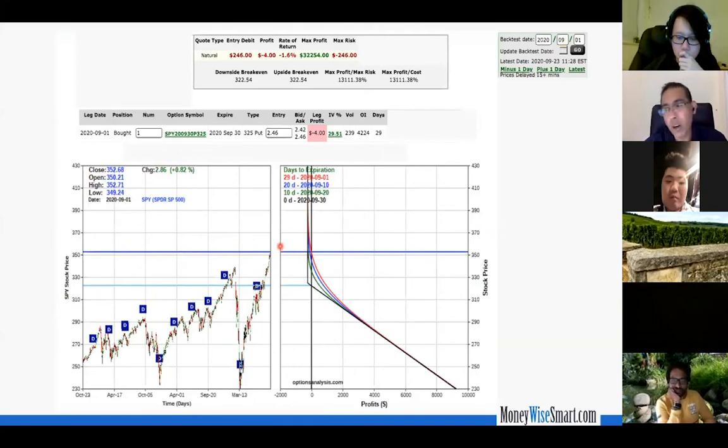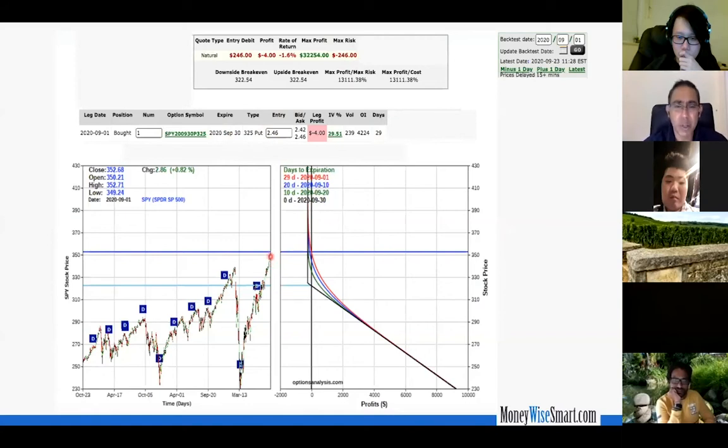And I know a lot of people think that, oh, the markets can crash. So let me go and buy a put option. So what I do is I go and buy a 325 strike put option, which is expiring in 29 days, which is 30th of September. And I buy one contract, and to buy this, I pay $246. Okay. And then I go off to sleep.